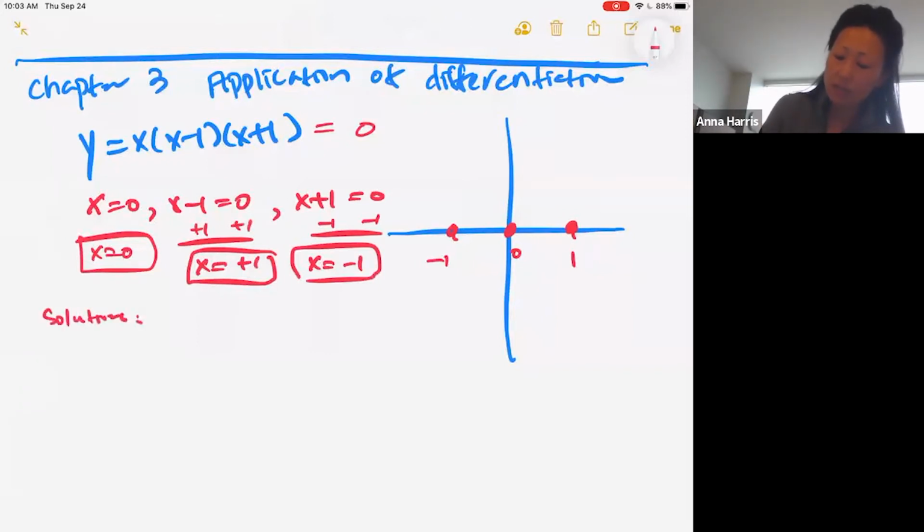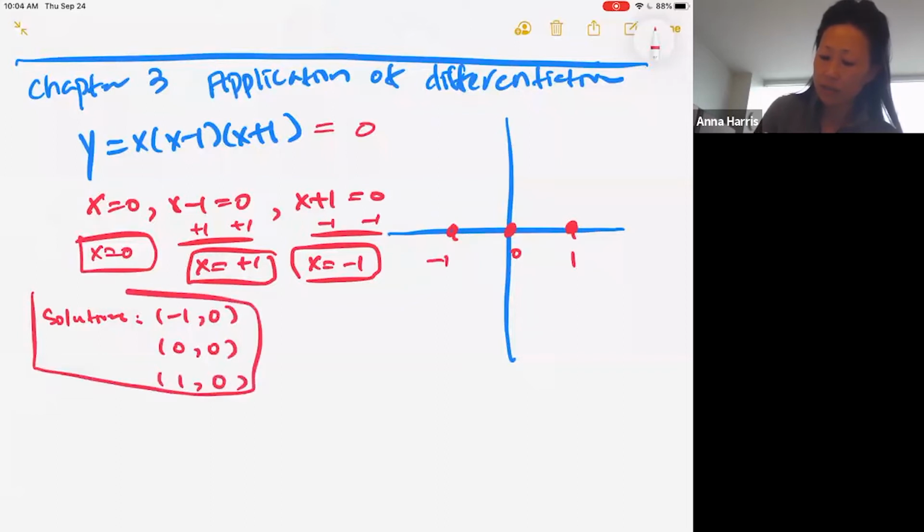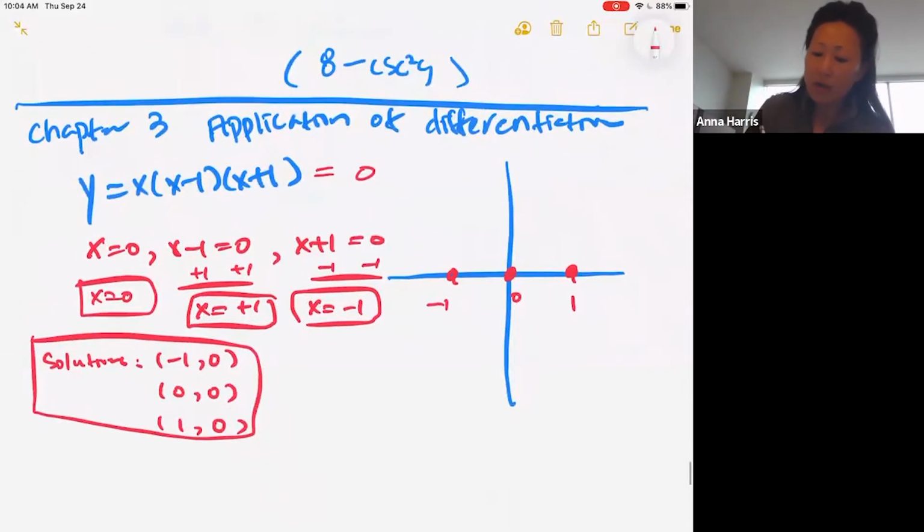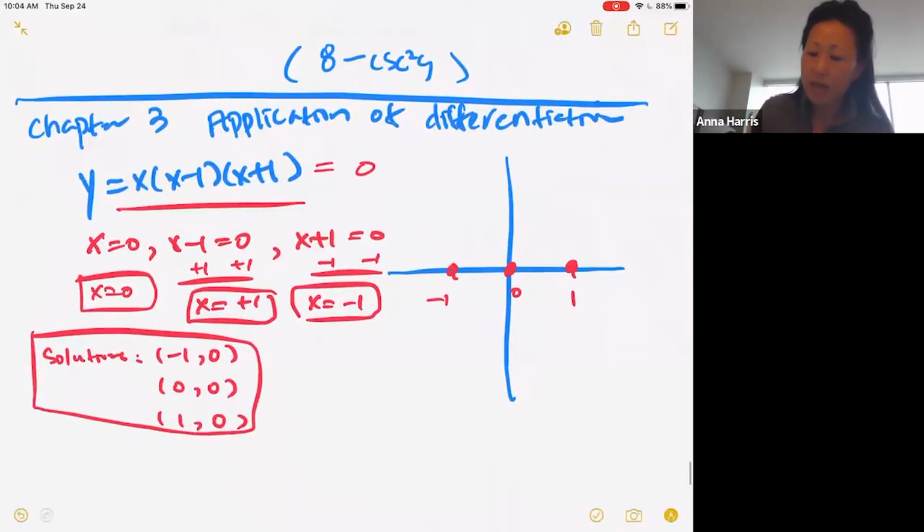My solutions are (-1, 0), (0, 0), and (1, 0), because when x equal to -1, the equation becomes 0, because 0 times anything is 0.